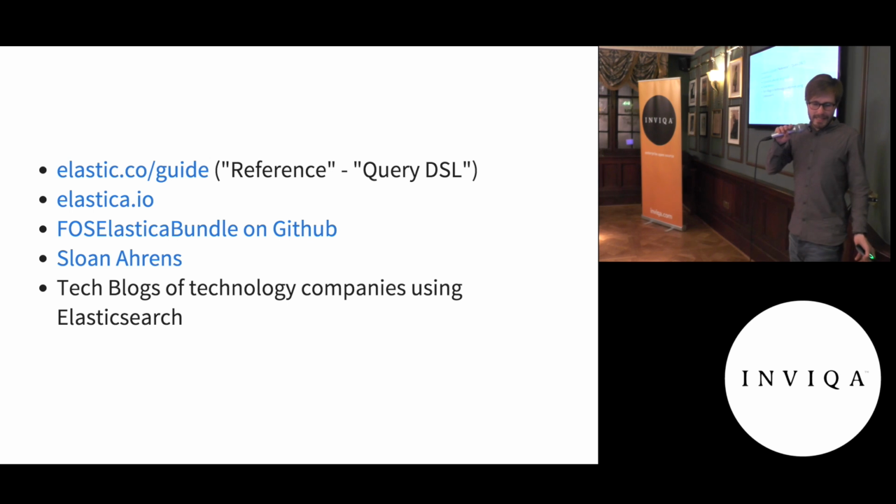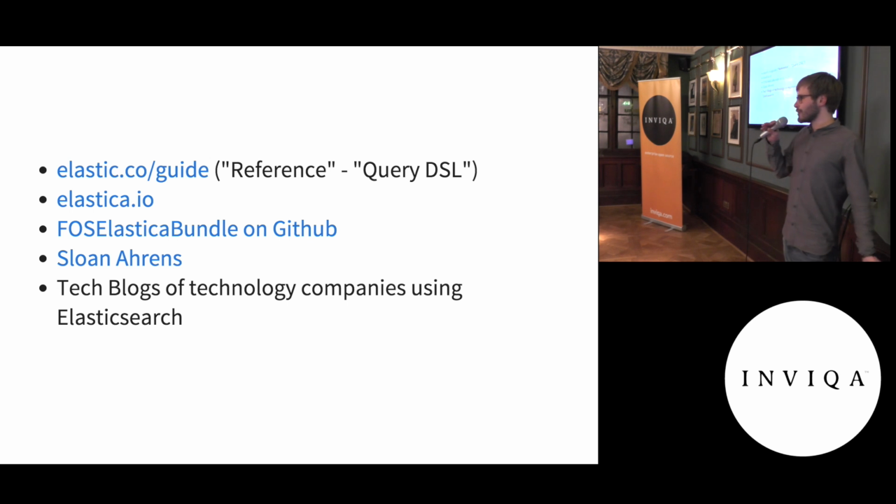Yeah, there's some further reading if you're interested. The Elasticsearch reference is up to date. The definitive guide is not. So always refer to the reference. Very interesting is the query DSL, which describes all these things I just said in more detail and more exhaustively.